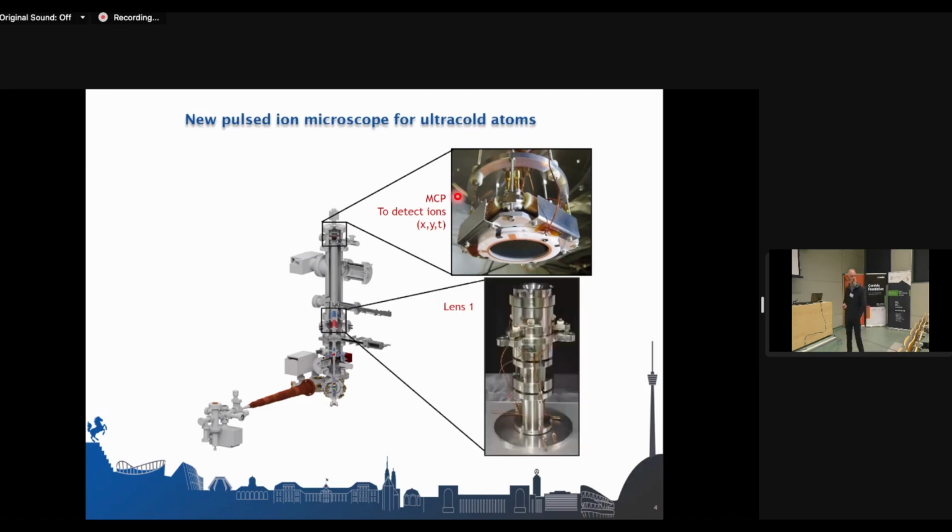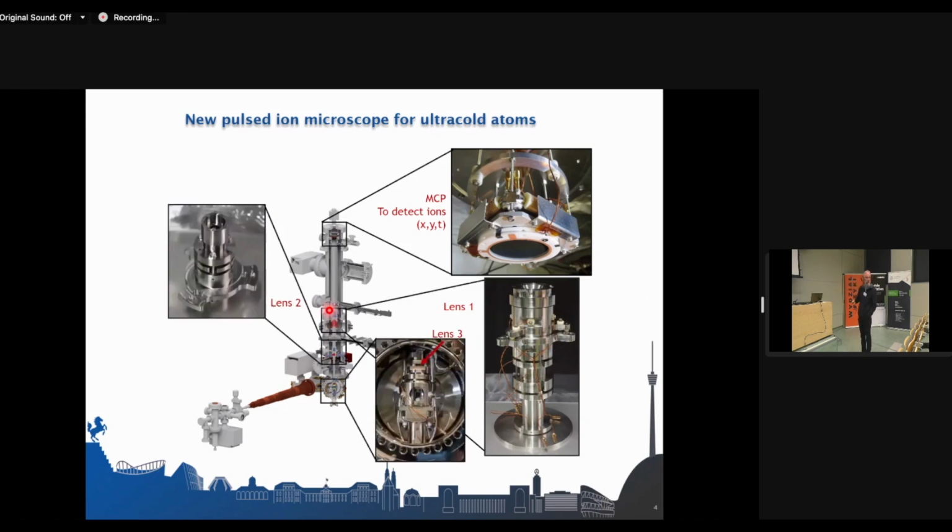And in between, we have three different lens elements for ions, which are just cylindrical elements carrying electric field electrodes. One of these lenses is placed here, another one here, and a third one down here, right there where we have our cold atoms.